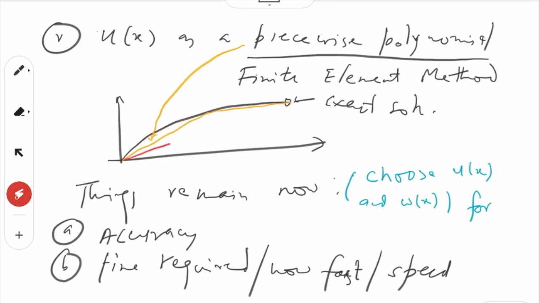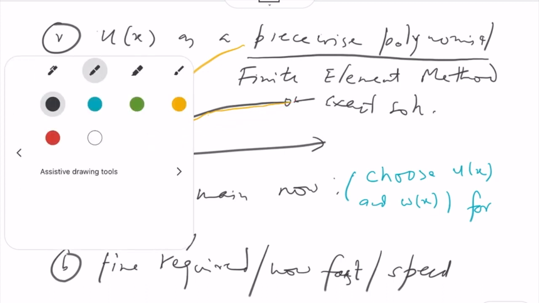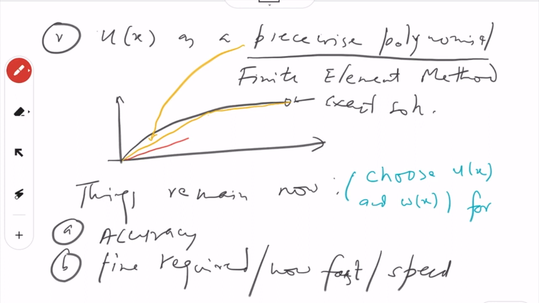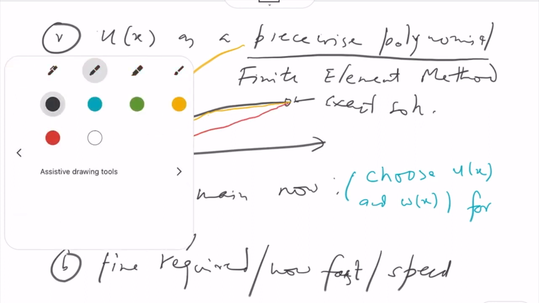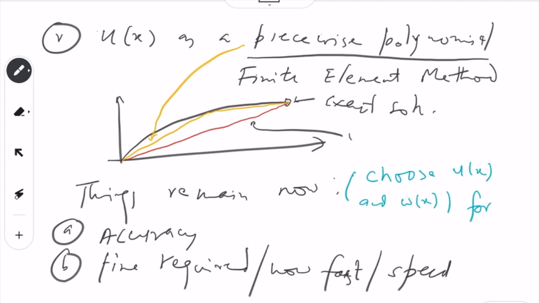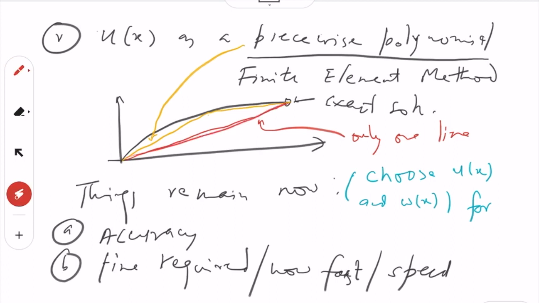If you had only one piece of polynomial line, then you had this solution, and this is the exact solution. So there was error here, with maximum error somewhere in the middle.